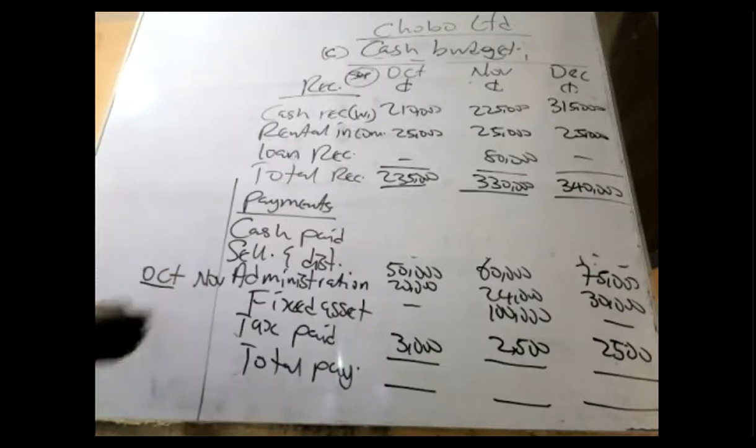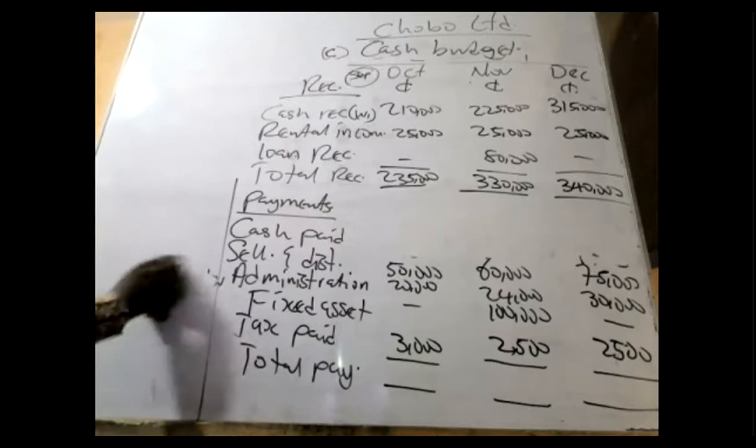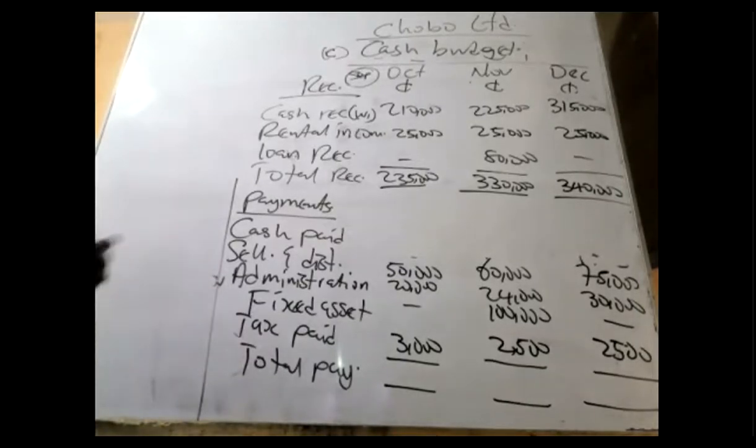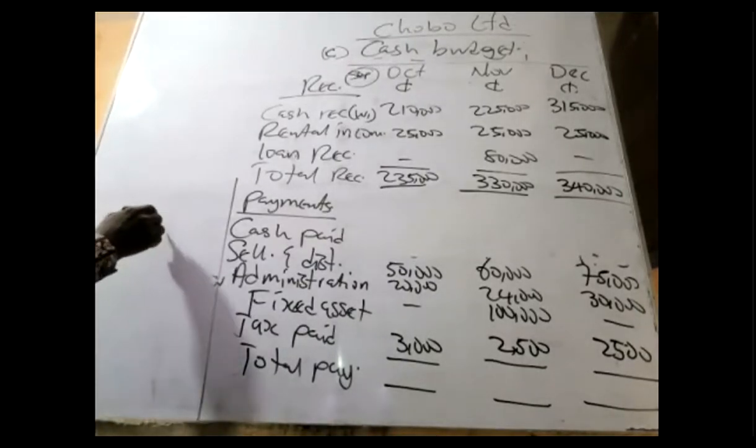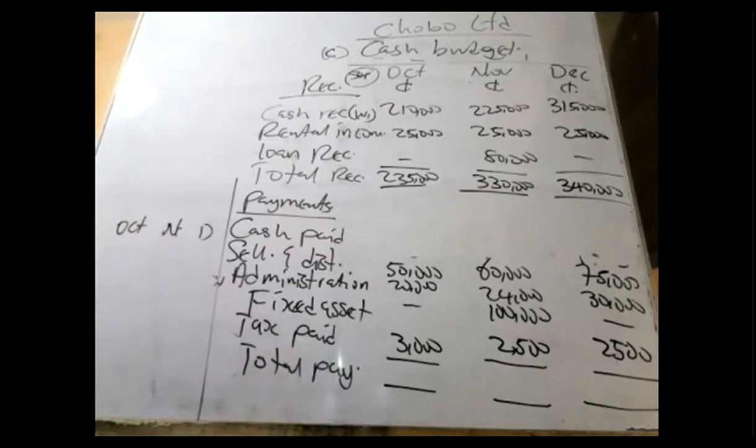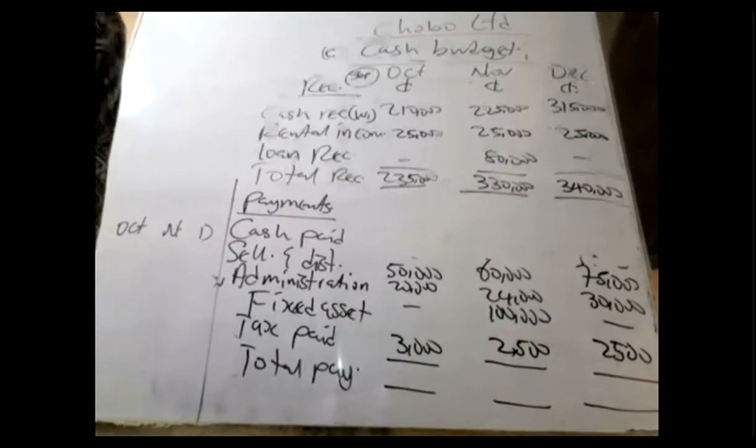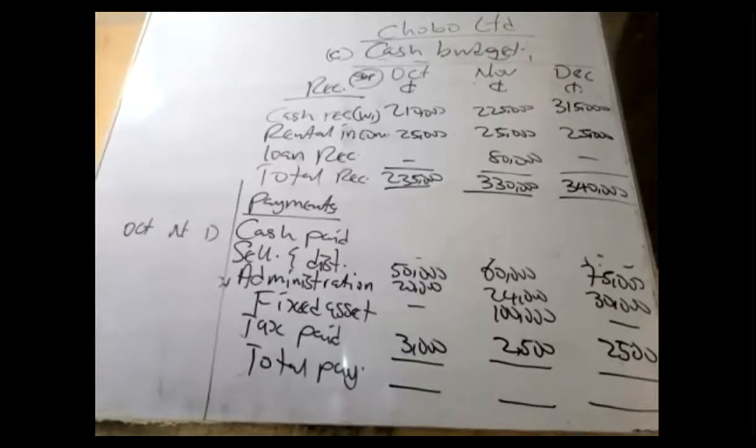Because of the space, unless then the camera goes down again. Let me do October here, November and December. If you're looking for cash paid, don't forget the rule. Anything paid, what's the rule? Open balance of that item, add that item to it, that's what? The closing balance. Cash paid, who are you paying to? Suppliers.